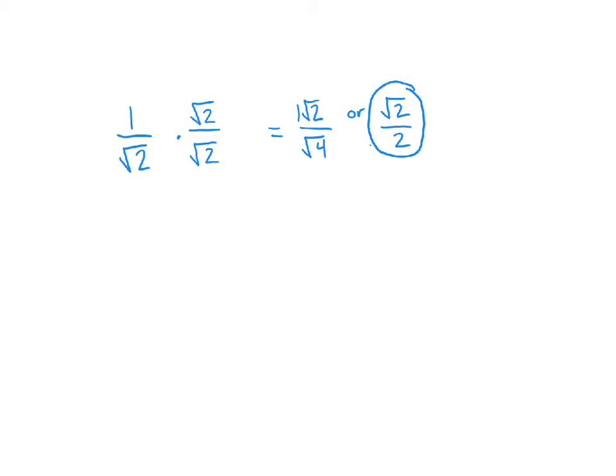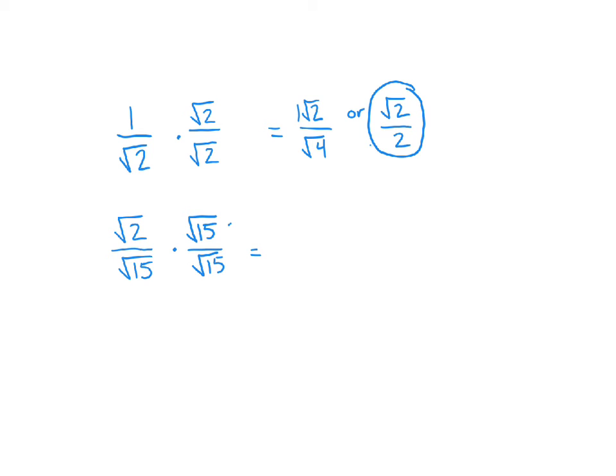So let's do another one of those. Let's try the square root of 2 over the square root of 15. Just like we did in our first example, we're going to multiply it by a fraction that looks like the square root of 15 over the square root of 15.